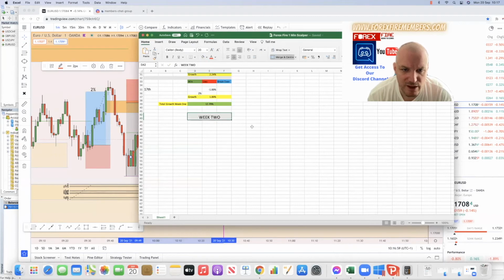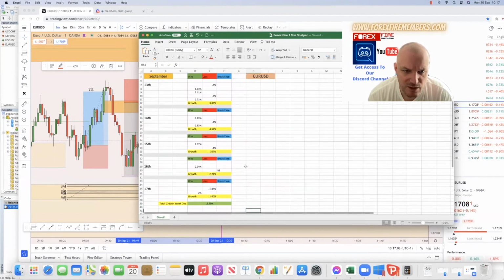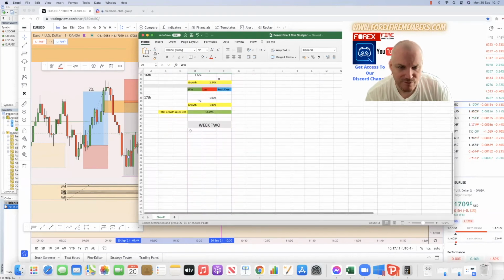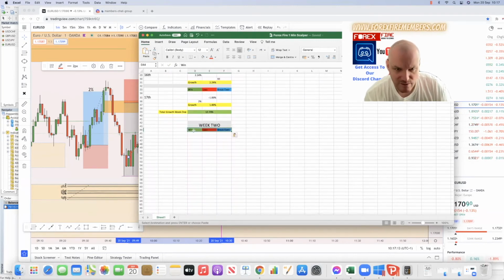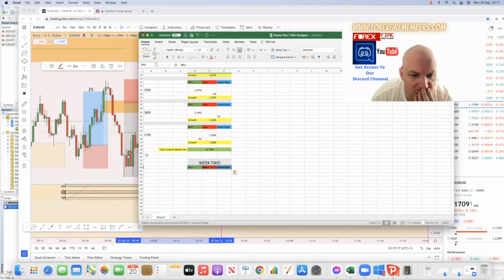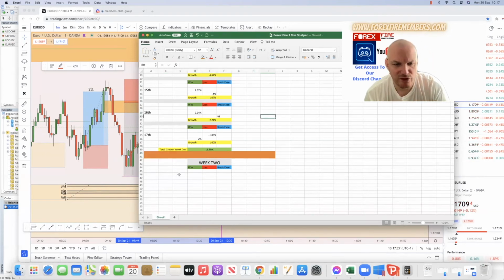Let's get this grayish. Week 1, week 2. Have that orange.